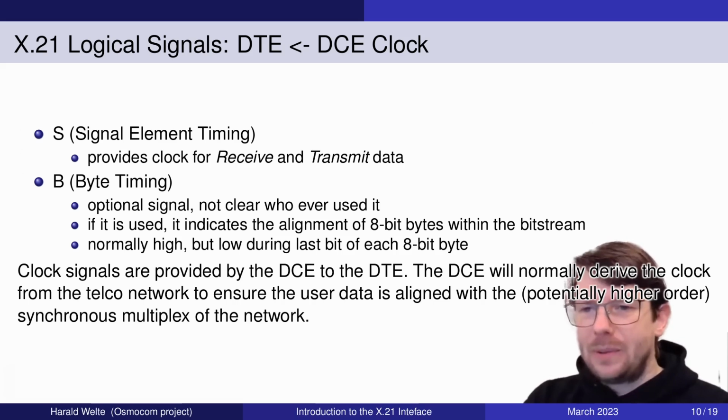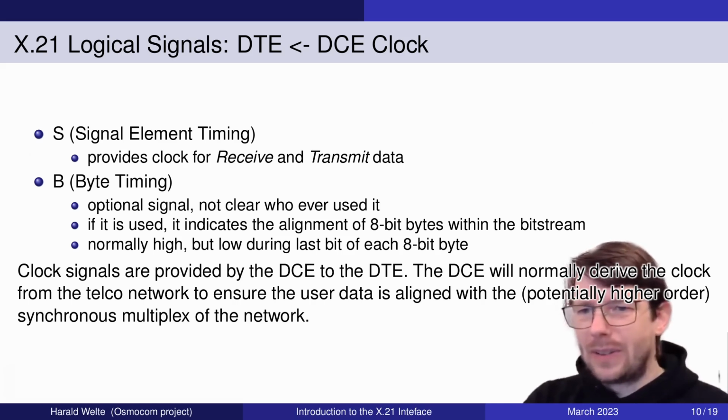So if it is used, it means that both the DTE and the DCE need to actually support it technically. So it needs to be agreed upon by the specification of the two manufacturers of the equipment. And if it is used, then it indicates the alignment of where 8-bit bytes within the bit stream start. The way it does this is that it's normally high, but it's briefly low during the last bit of each 8-bit byte.